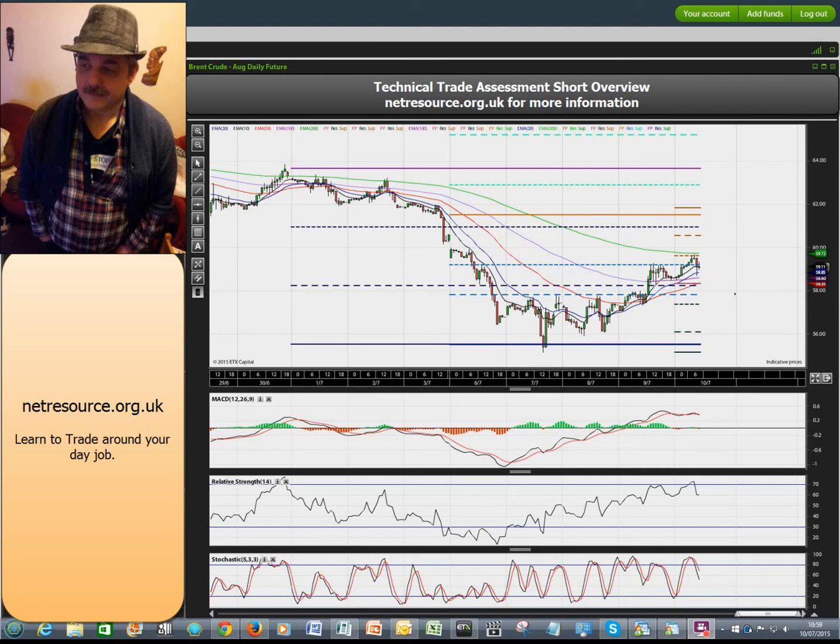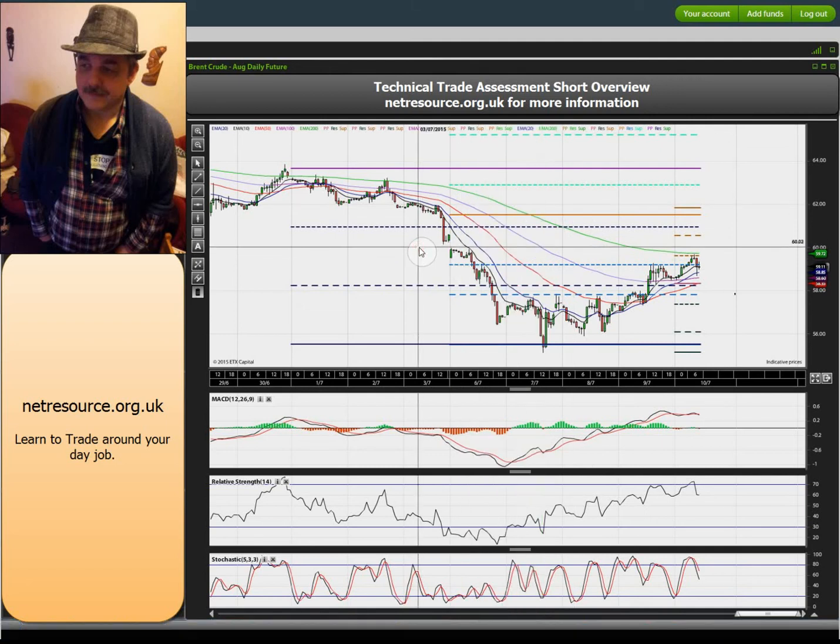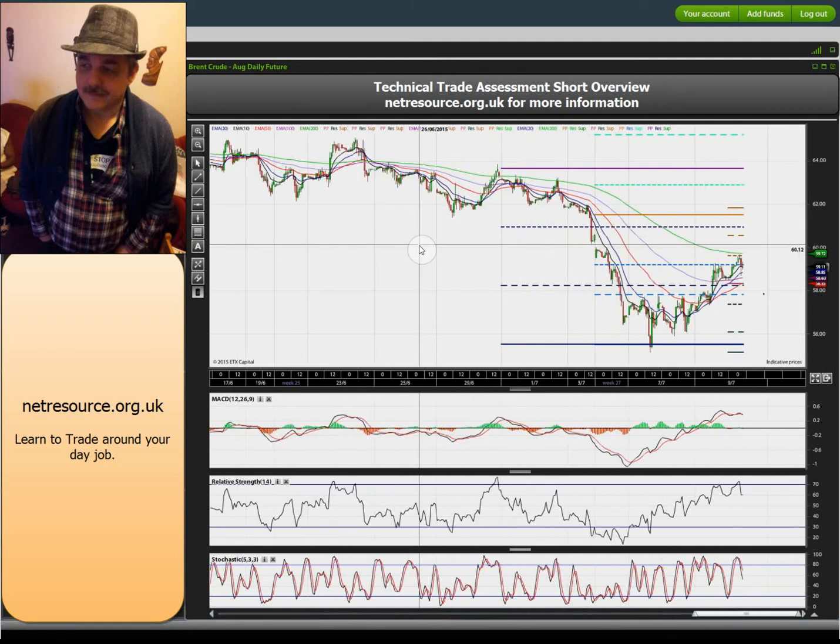Hi traders, what we're going to be looking at here is assessing direction and potential for trades, which obviously is an important question. Is this the right place to trade, and in which direction am I going to trade?